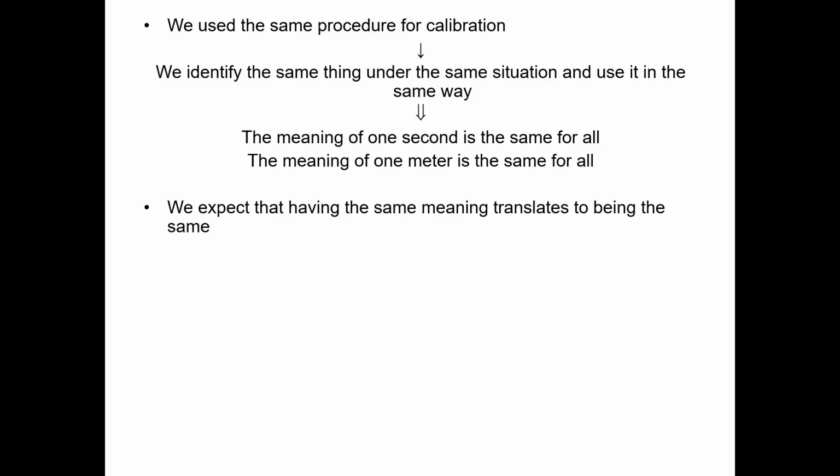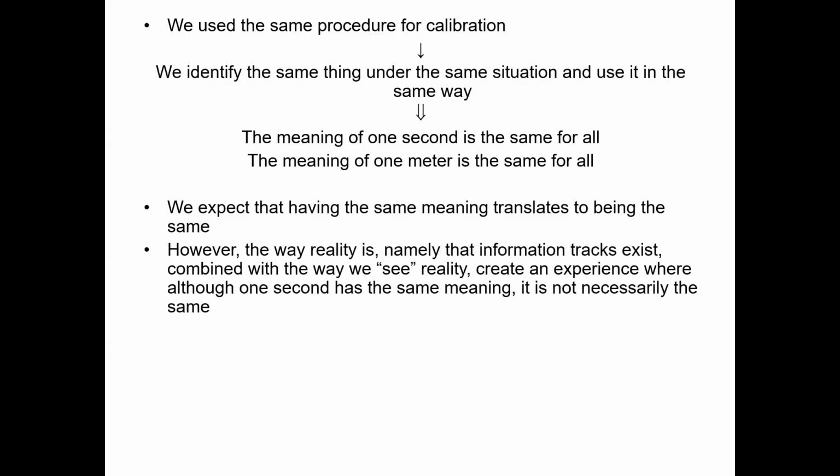Now we expect that having the same meaning translates to being the same. However, the way reality is, namely that information tracks exist, combined with the way we see reality, creates an experience where, although 1 second has the same meaning, it is not necessarily the same.